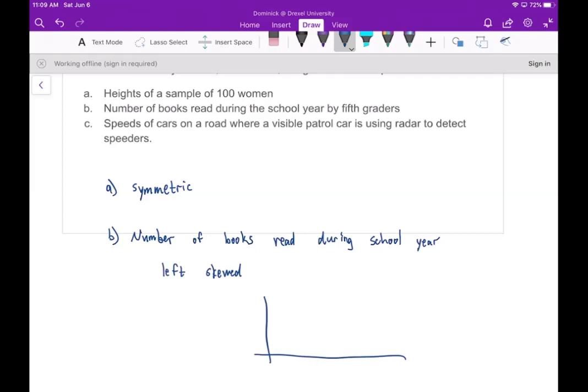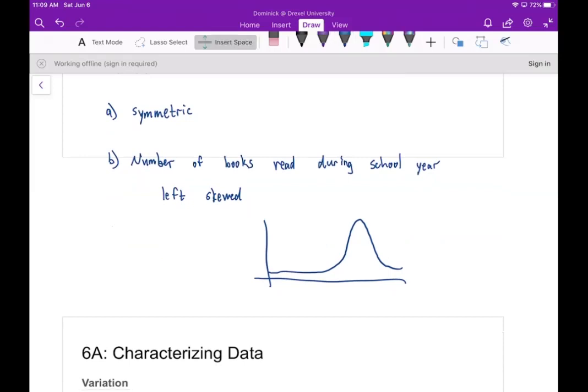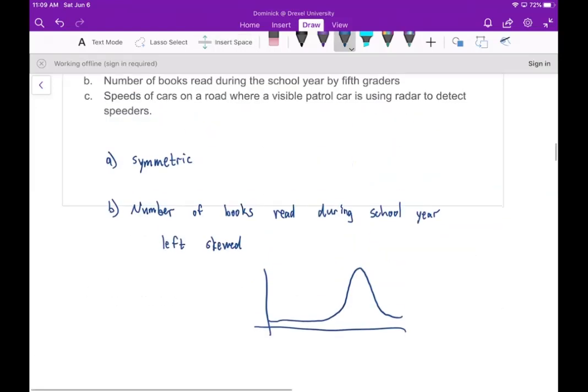Right, and the reason why is because we would probably have our peak towards the end of the year when the reading skills are better, right? So we would say that this type of data distribution would be left skewed.